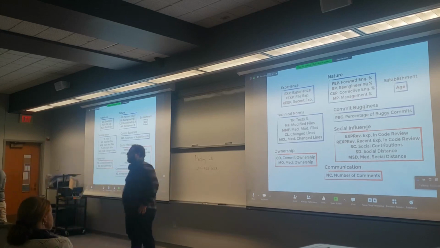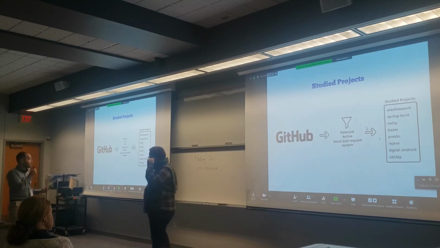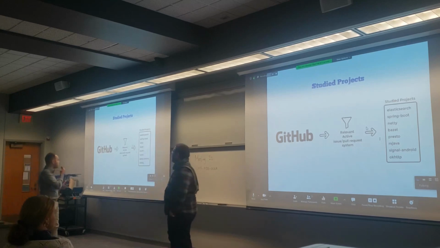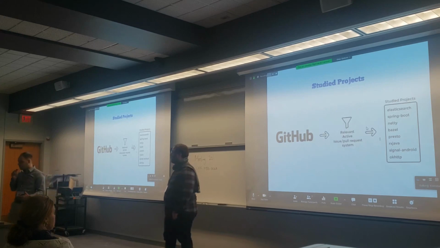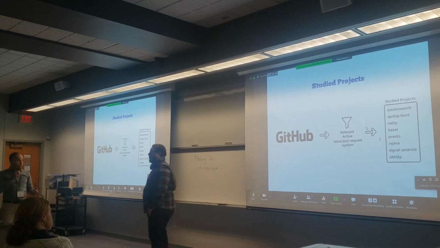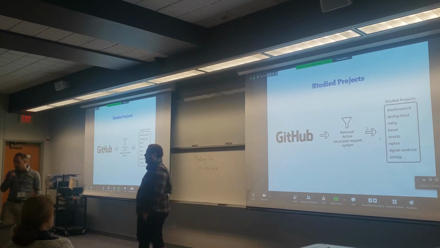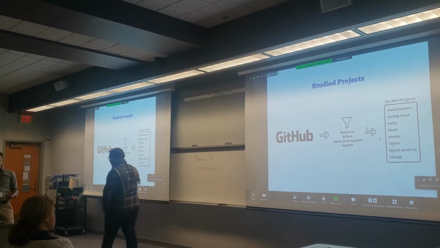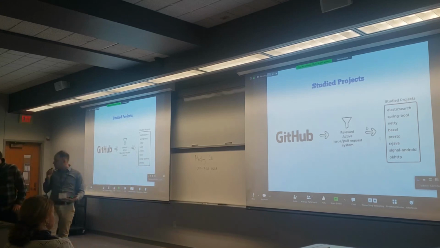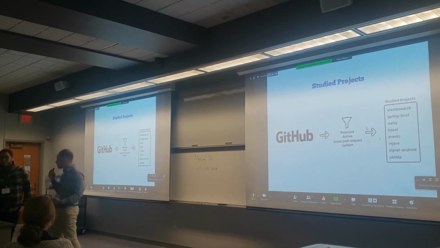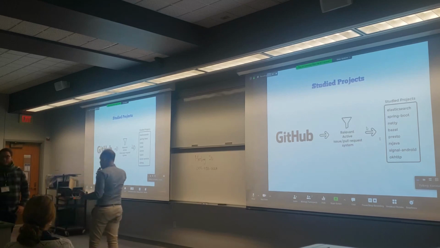To perform our study, we manually selected 8 GitHub Java projects according to the following criteria. The projects must be relevant, they must be active for a long period of time, and they must use the GitHub issue and pull request system so we can standardize our analysis.